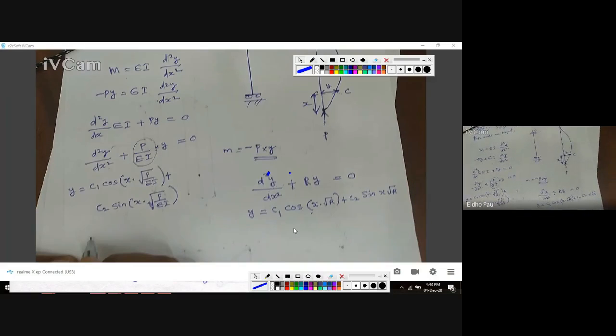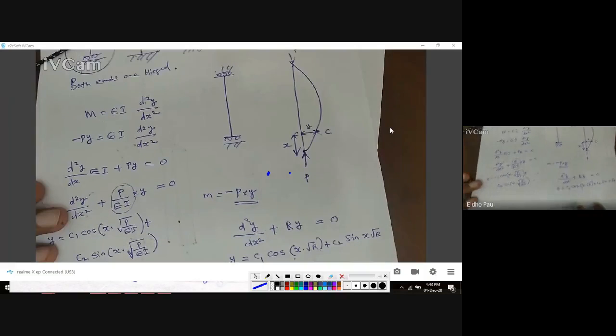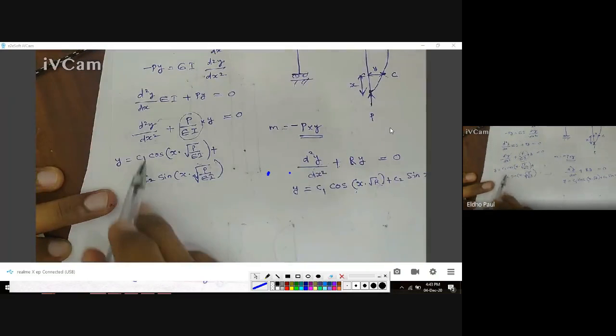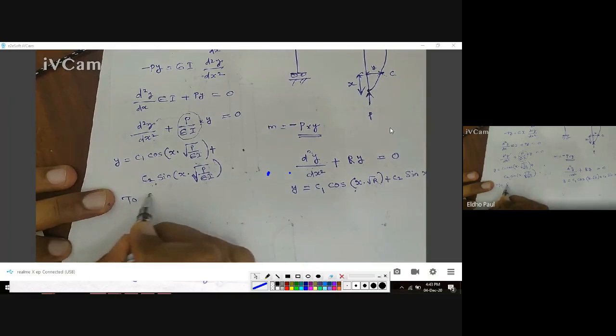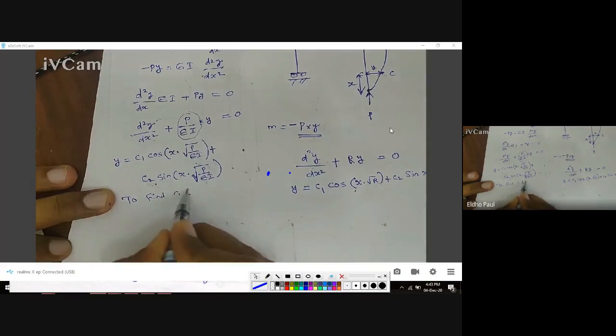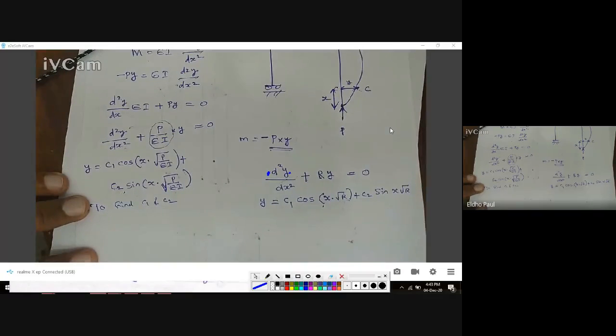So c1 and c2 are unknown. To find c1 and c2, we are using end conditions.